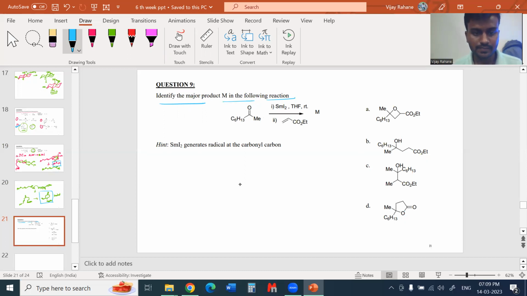This C6H13 double bond O CH3, when it reacted with the SmI2, it formed a radical at the carbonyl center, right? So like this, and this reacted with the radical attack on Sm. So the product will be C6H13 O SmI2.